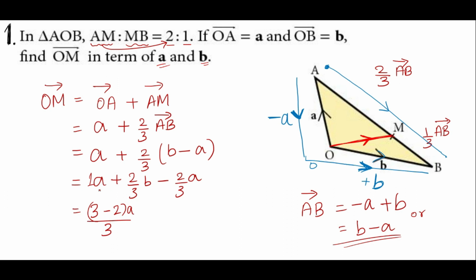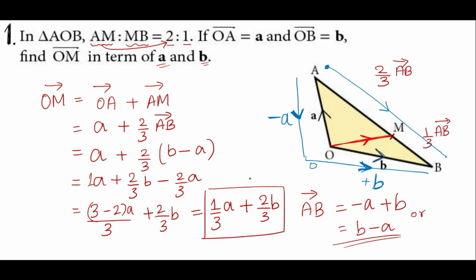So you have two fractions, so just combine them. And your final answer will be 1/3 times a plus 2/3 times b. So this is your vector OM.